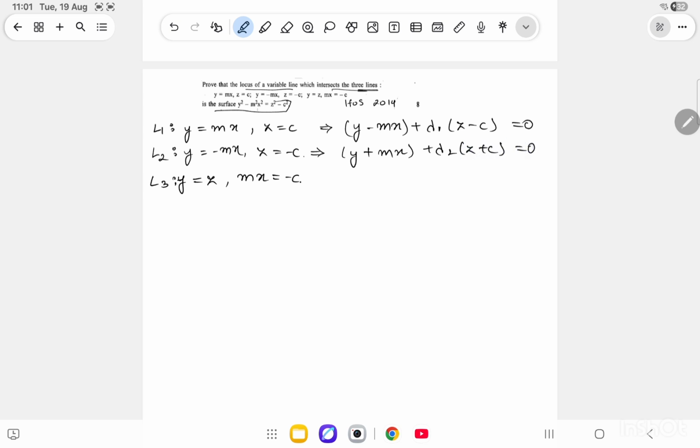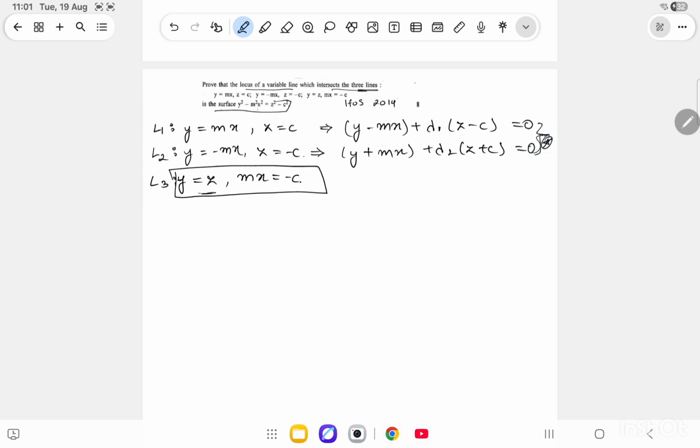So my variable line will basically be the intersection of these three lines. So it will be the intersection of these two planes, and the third line must also satisfy that intersection. So this line y equals to z and mx equals to minus c must also satisfy the equation of the line of intersection that I'll get using these two planes.